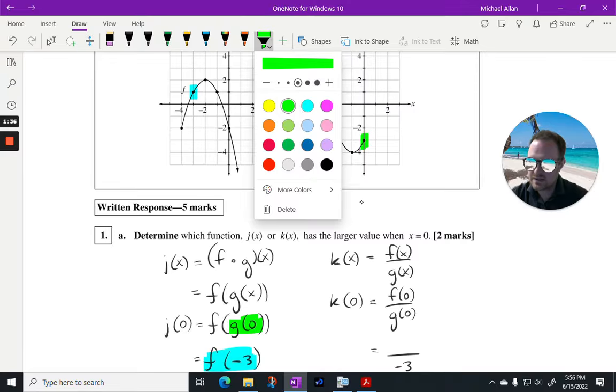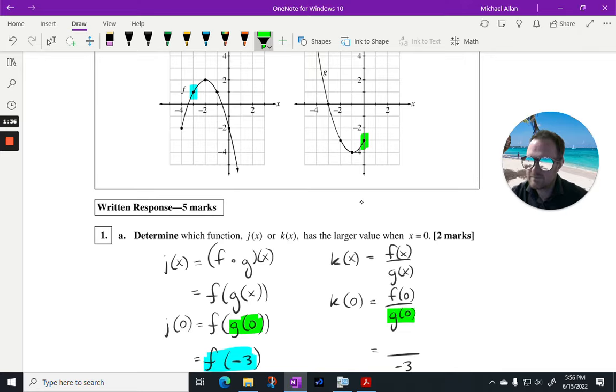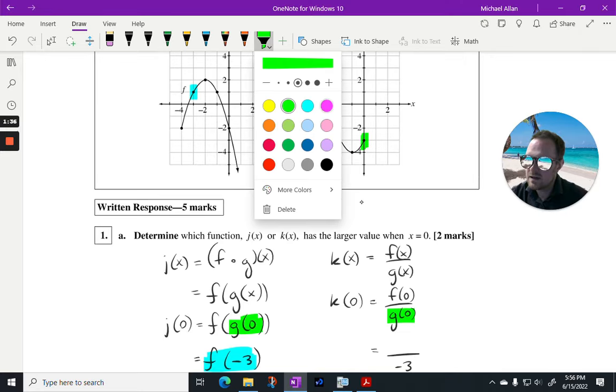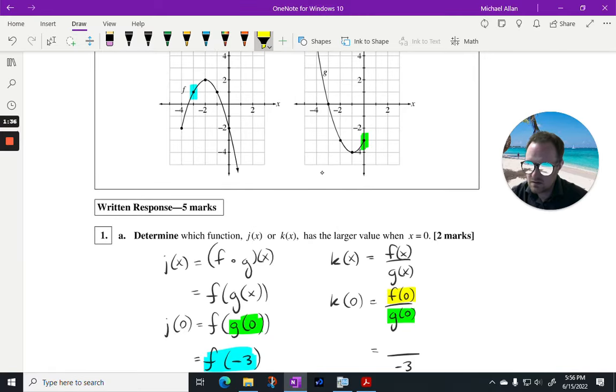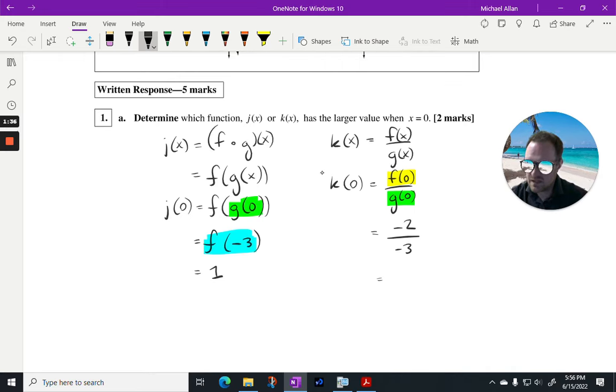I'm just going to highlight that one again. F of 0 is right here. When the x value is 0, that's -2. So -2 divided by -3 ends up being, as a decimal, approximately +0.67.